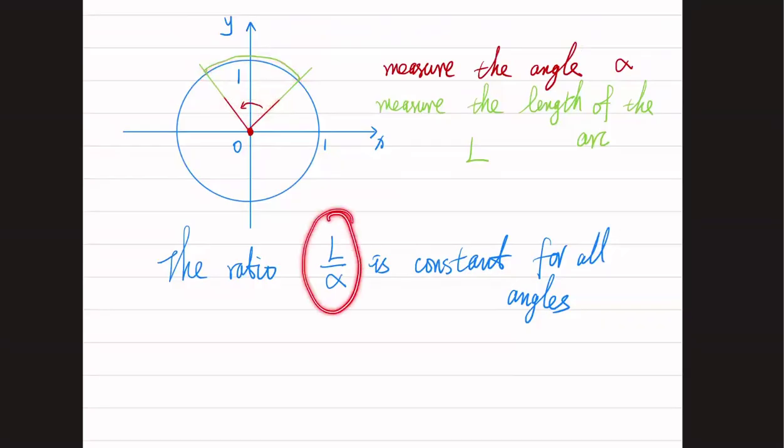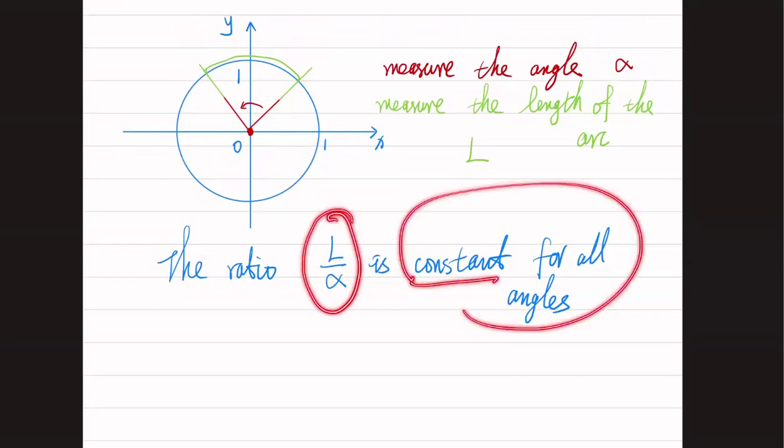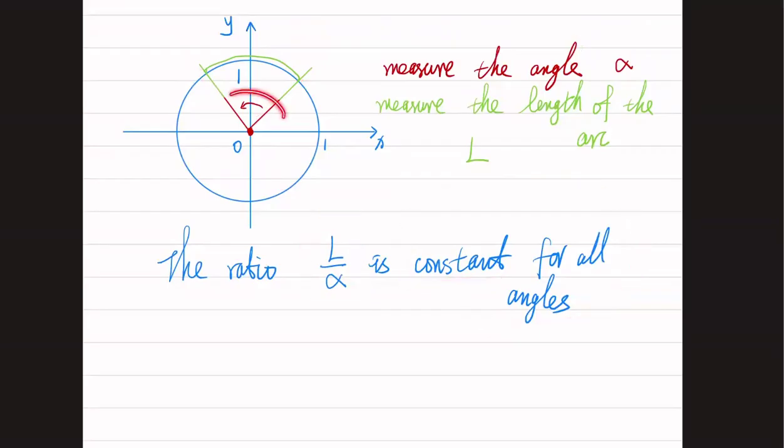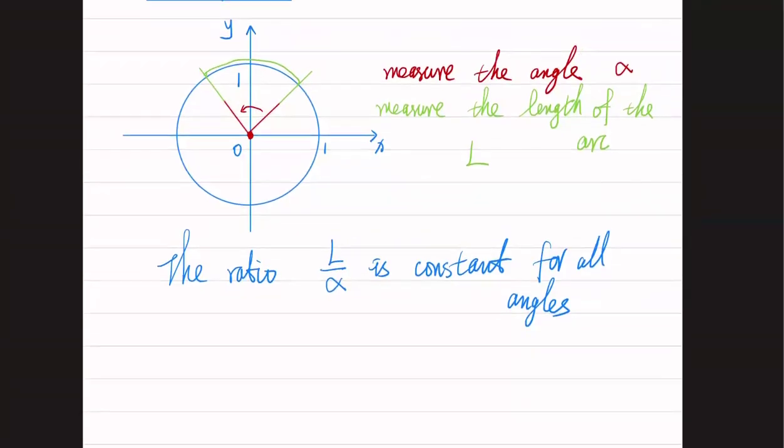The ratio is constant. To find this constant, we'll consider a special case, the total angle. The total length will be 2 pi. In particular, we have L over alpha equal to this.